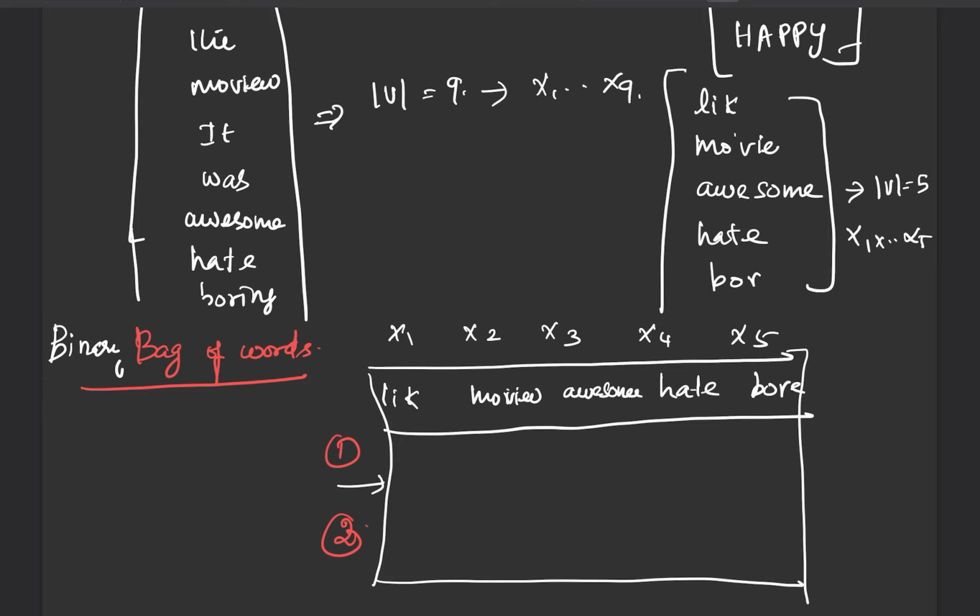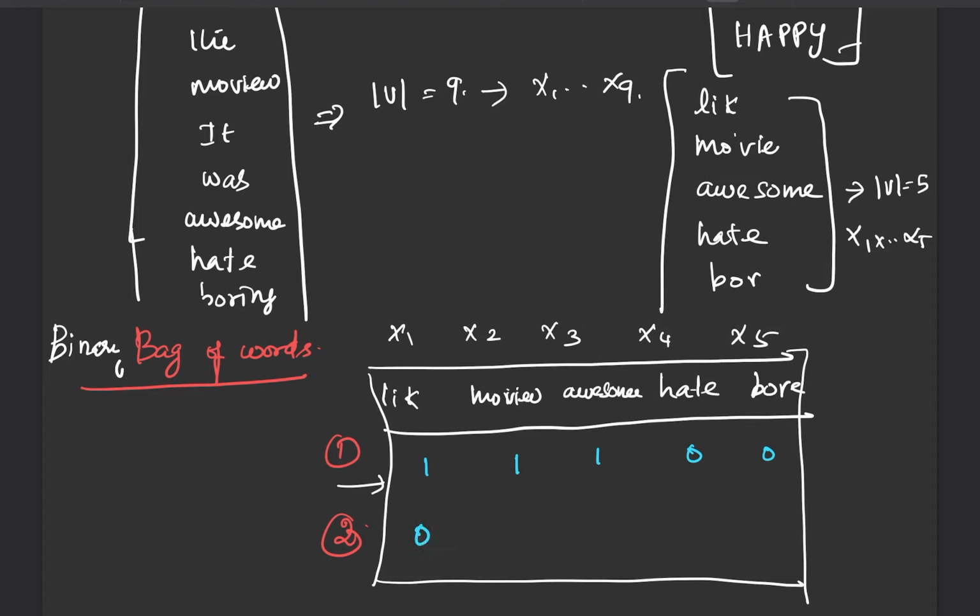So like appeared in my first sentence, movie appeared in my first sentence, awesome appeared, hate and bore did not appear. When I look at my second sentence, like was not there. The second sentence was I hate the movie, it was boring.